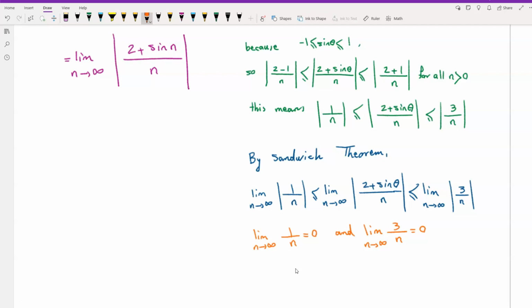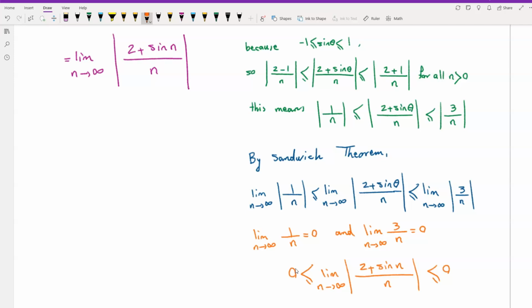What that means, limit of absolute value of 2 plus sine over n as n approaches infinite. Here we have 0, and here we have 0, so on left and on right we have 0.